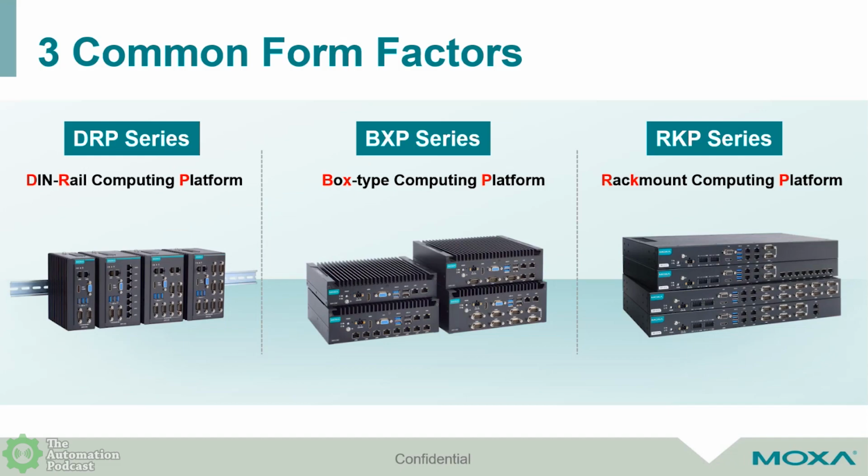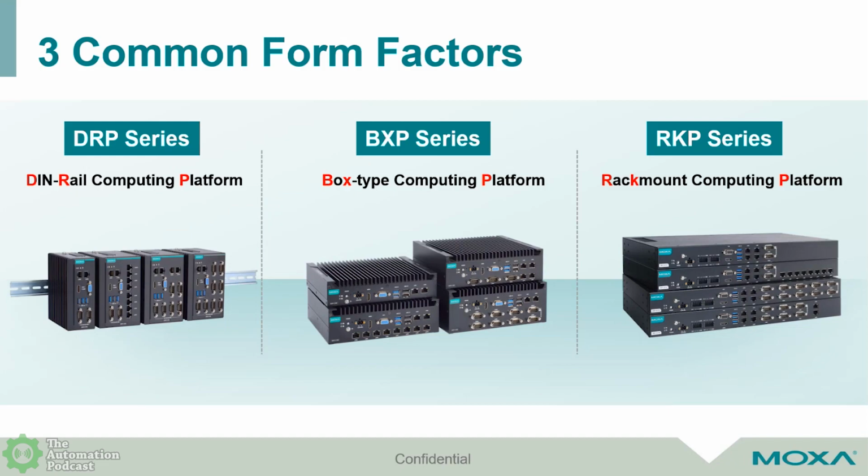Then we have the box type form factor, the BXP Series. And then we also have the rack mount series. All these form factors and product lines can scale from dual core Intel Atom processors to 11th generation Core i5 or i7 processors. These are the latest processor technology we're bringing into the market just this year. And we do have a lot of configuration options in this particular product line.